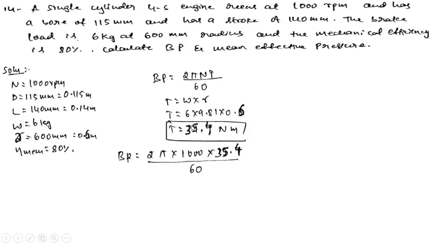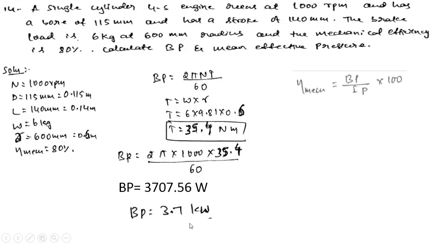Then we will substitute 2 pi, speed of the engine is 1000 rpm, torque is 35.4 Newton meter, divided by 60. And BP you will get it as 3707.56 watt, because we have substituted this torque in terms of Newton meter, so we will get it in terms of watts first. Then we will divide this by 1000, we will get it as 3.7 kilowatts. So this is the value of BP.